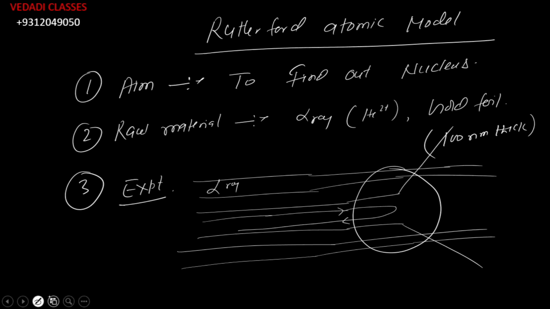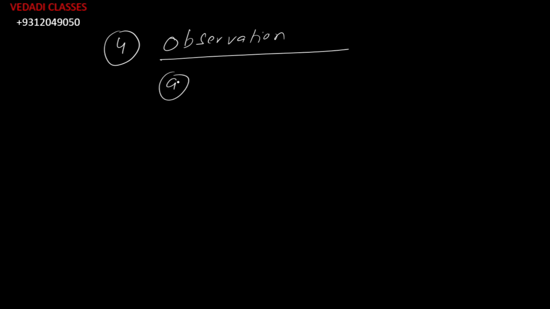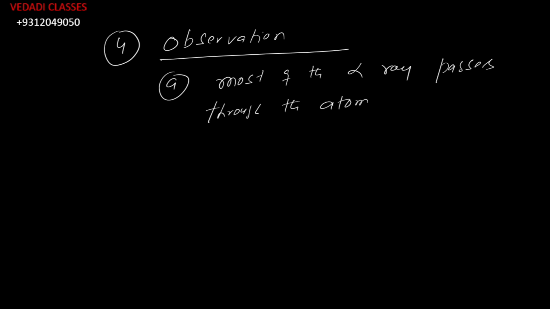So after demonstrating the experiment, what do you do? You do the observation. So what did you observe over here? You observed that first, most of the alpha rays, nearly 99%, pass through the atom without any disturbance.